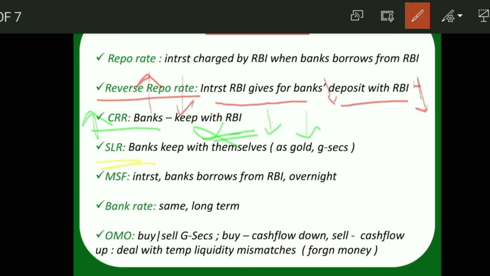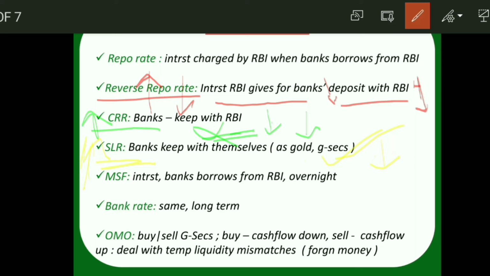So they need highly liquid assets like gold and government securities. What happens when SLR increases? Same as in the case of CRR. More money to be kept with themselves, so less money to lend, so less cash flow in the economy, and inflation decreases. Inverse relation, same as CRR.